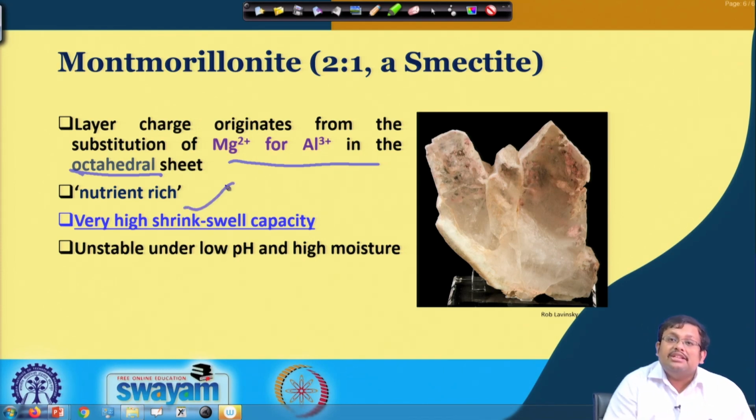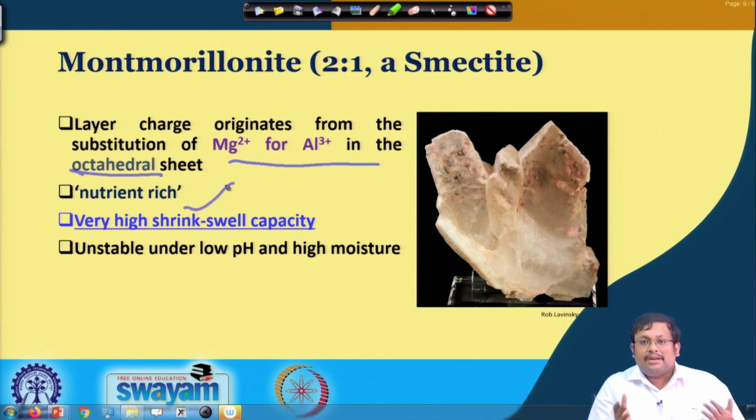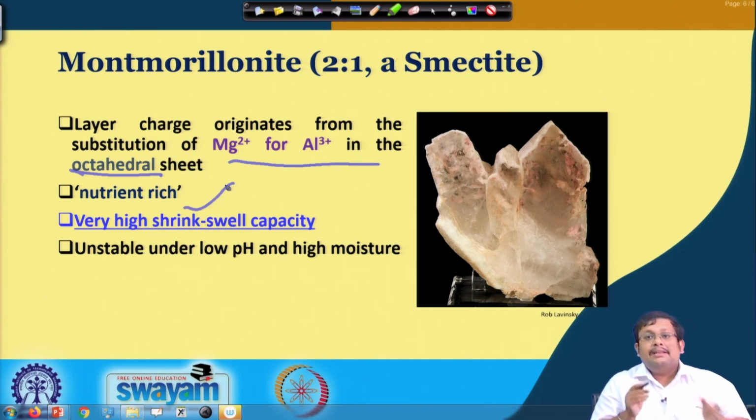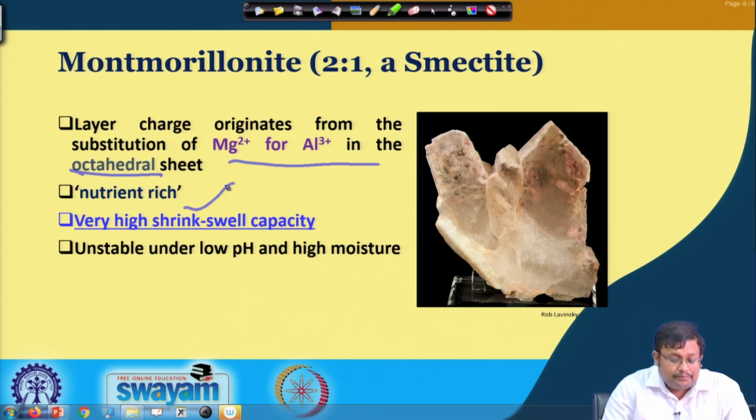It is highly nutrient rich because it generates high negative charge, or permanent charge, and it has very high shrink-swell capacity. Why, we will discuss. That means this clay can shrink during dehydration, and if you rehydrate that soil, it will swell. So, this is one of the major properties of this type of clay mineral. It will shrink and swell. It is also very unstable under low pH and high moisture condition.